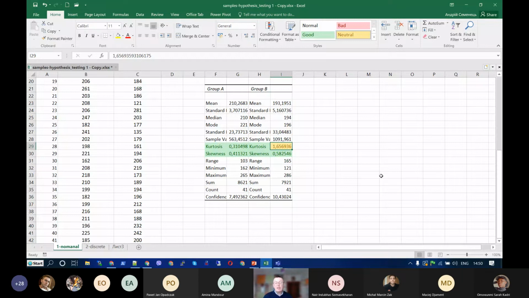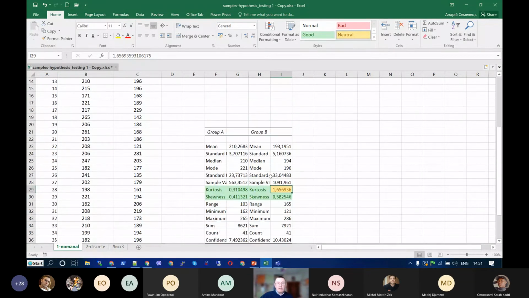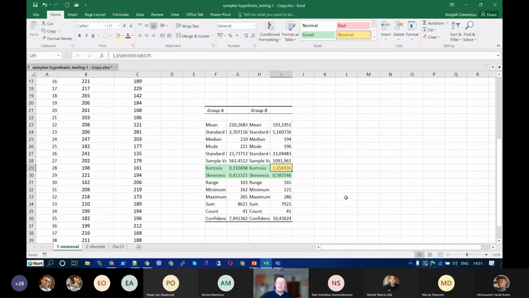I will show it in practice, but I just tell you that for our sample size of 41, only one value exceeds normality. Parametric criteria are relatively stable under small deviations from normality, and group A fits the distribution while in group B only one parameter is not fitted, so we can still use parametric criteria.